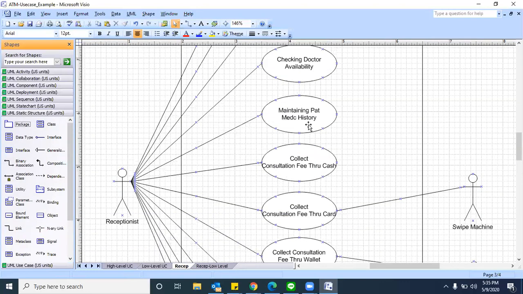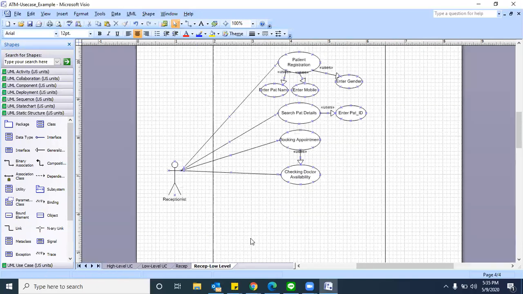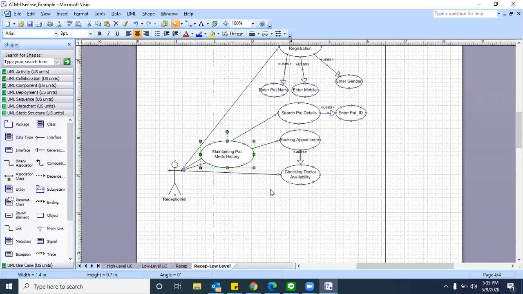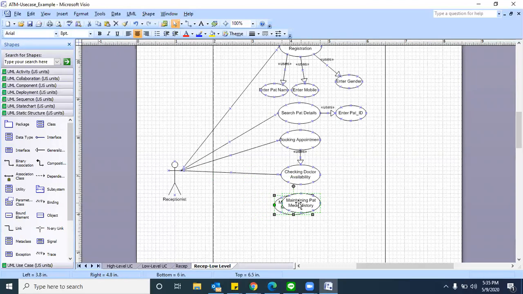Then maintaining patient medical history. For maintaining medical history, what is the supporting use case? Are any supporting use cases required here? Patient ID, right? And you should not create patient IDs multiple times.